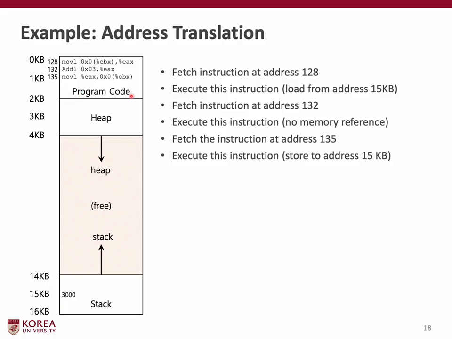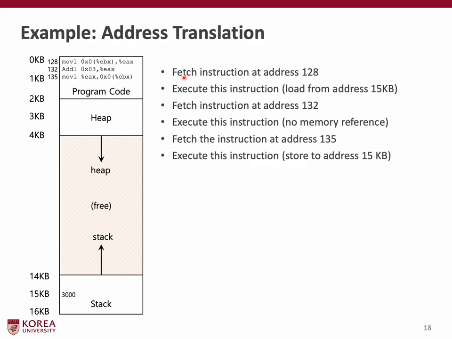At the top, we have program code, and below that, the heap goes downward, and at the bottom, we have the stack, which goes upward. And these 3 instructions are laid out in the code section, and we assume the variable x is stored here at the 15 kilobyte address.